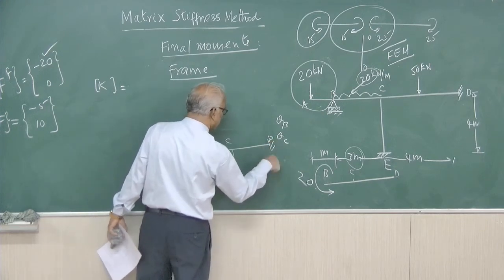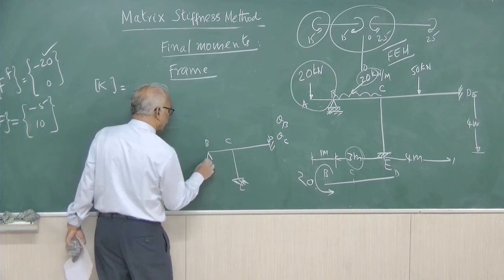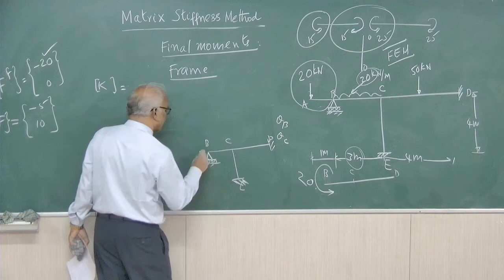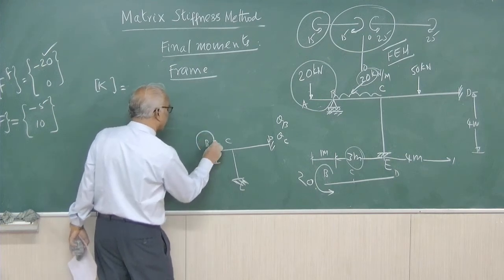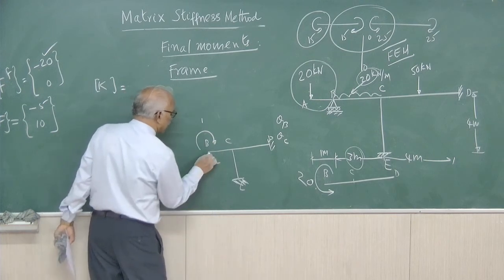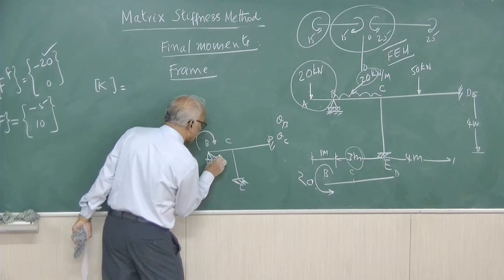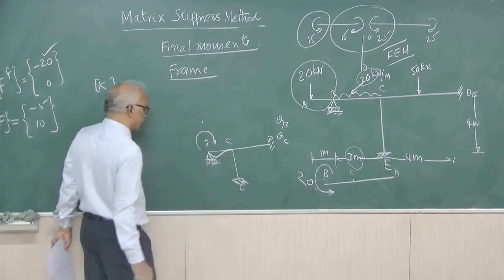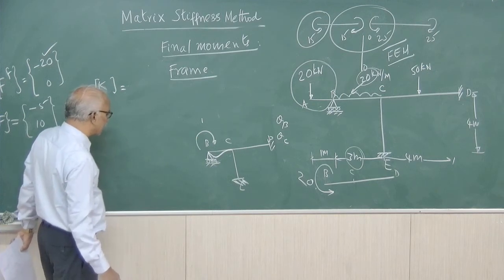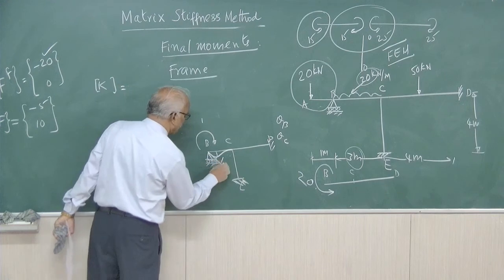This is also fixed. Now, when you apply theta B, theta C is to be arrested. So, apply only theta B, only displacement along coordinate number 1. When you apply displacement along coordinate 1, this is fixed and here it is fixed. Therefore, it is horizontal. That is the only permitted displacement. So this value equal to unity.